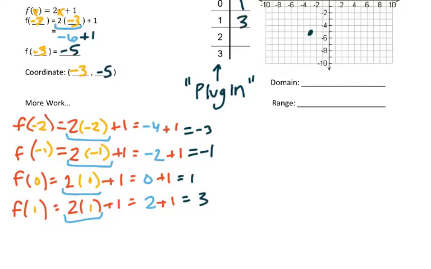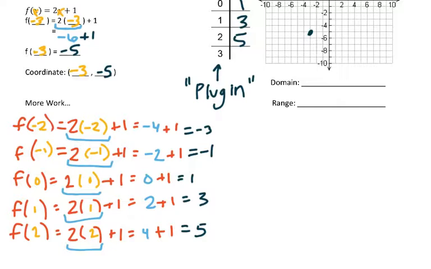So we're just making a list of points. Next one, we're going to plug in a 2. And so we have 2 times 2 plus 1, or 2 times 2, which is 4, plus 1, which is going to equal 5.